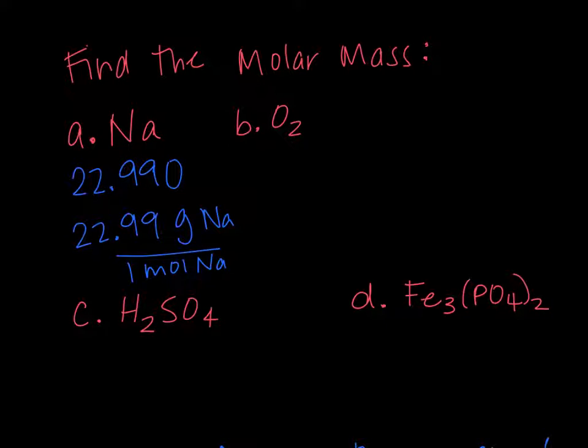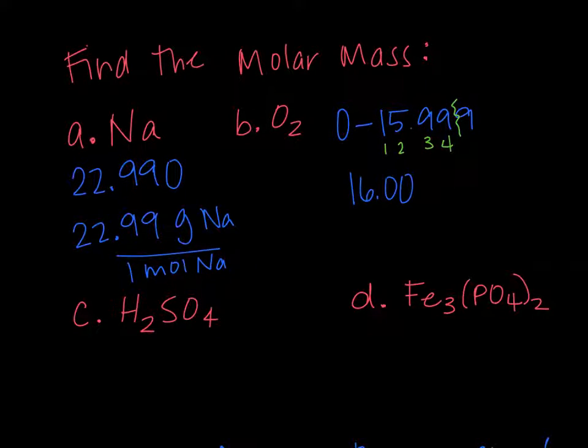All right, so O2, oxygen gas. Oxygen by itself has a mass, it says 15.999. So we're going to round to the 4th digit. This is the 1st, 2nd, 3rd, and 4th digit. So we're rounding to that place. This 9 rounds that 9 up. Carry the 1, carry another 1. And you end up getting 16. And there's 2 of them, right?